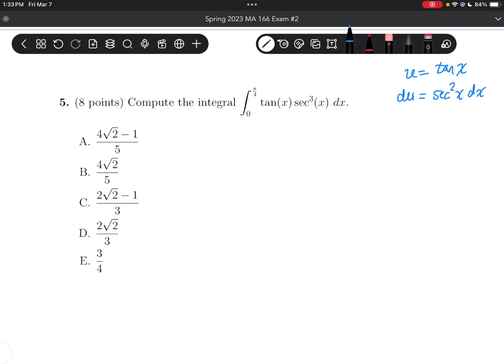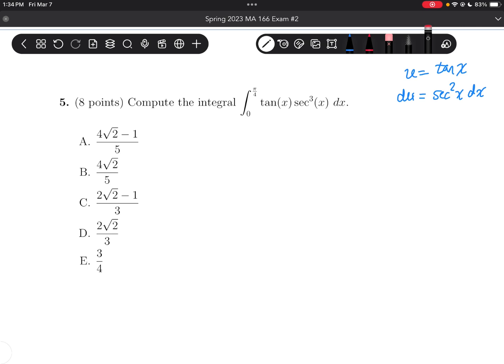And what u sub allows us to do is a kind of change of variable on our original expression, and that can help us simplify our original expression, which makes it easier to find an antiderivative. Okay, so in this case, I gave an example, u equals tangent x, du equals secant squared x.